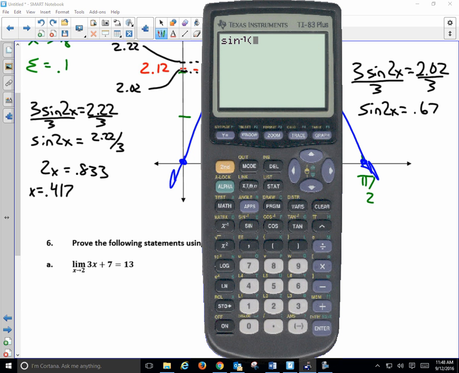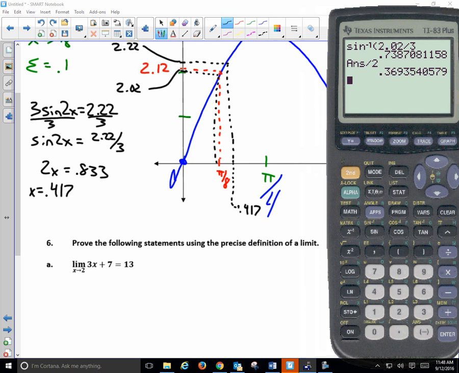Sine inverse of 2.02 divided by 3. We get 0.7387. I divide that by 2. x is 0.369.